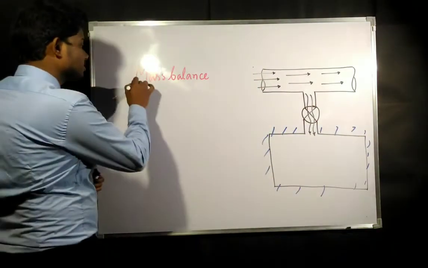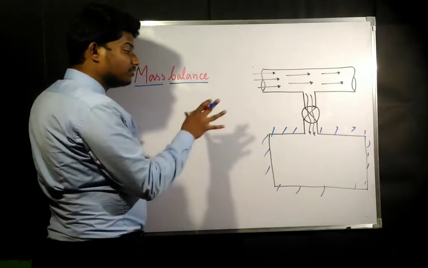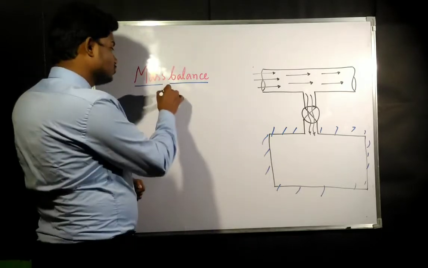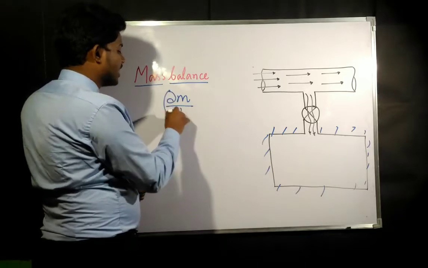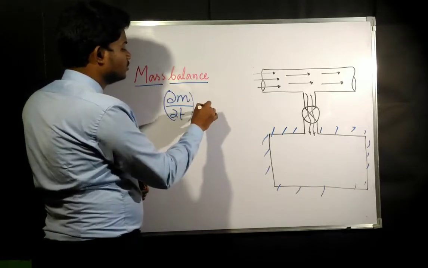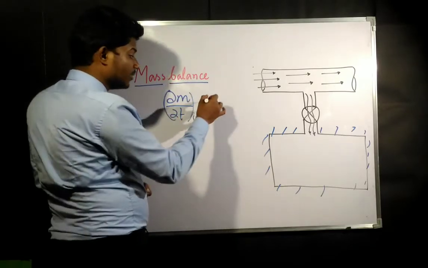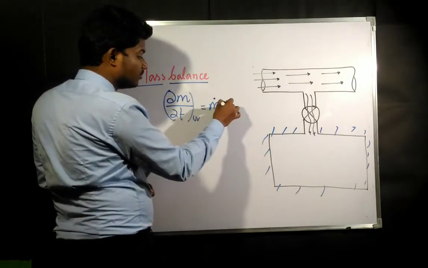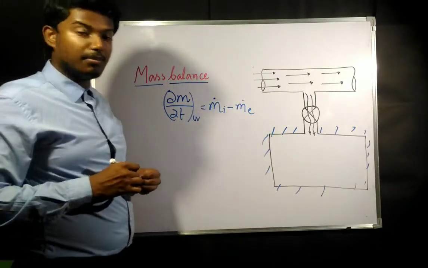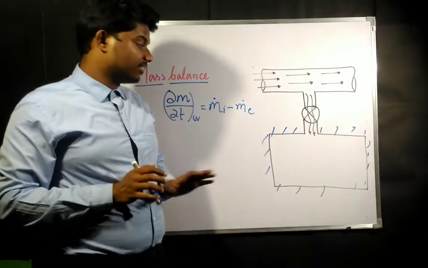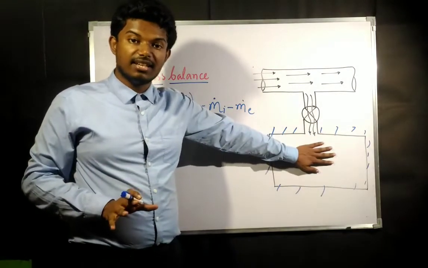Now for such special cases, if you want to consider the mass balance, you need to find the mass accumulation. That means the change of mass with respect to time for the control volume is equal to, as we have discussed earlier for open system unsteady flow, the mass flow rate at inlet minus the mass flow rate at exit. This is an open system just because mass interaction is there.